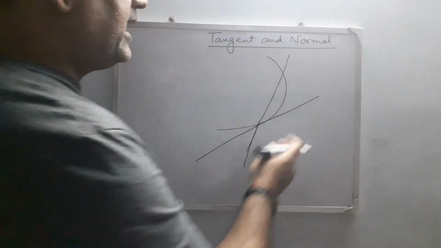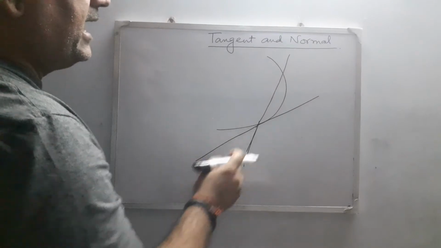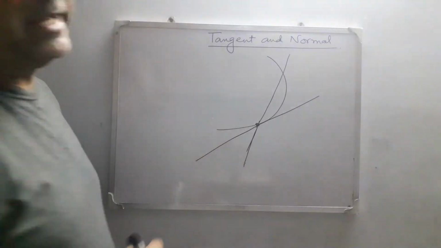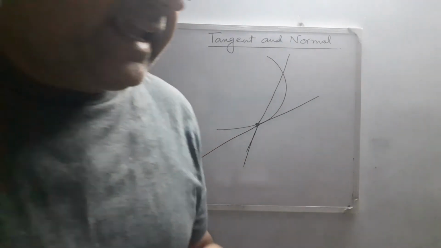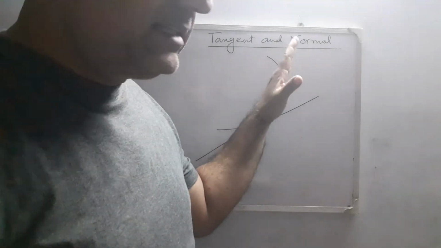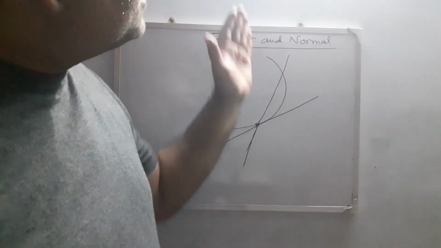Means if a line cuts a curve at 2 coincident points, then in that case this transversal becomes a tangent to the curve.